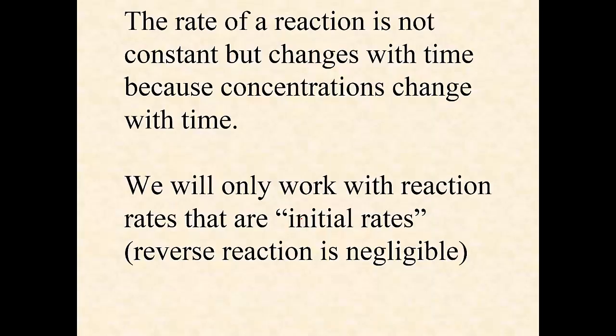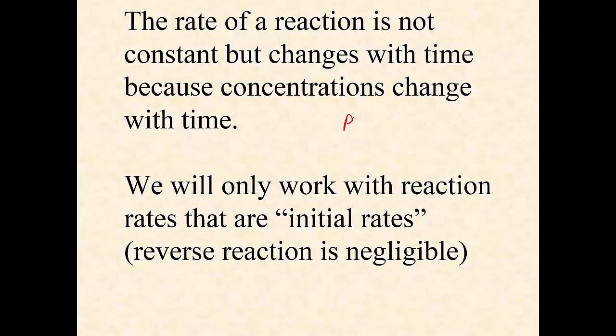So they change with time, but we always say we start with our initial conditions because it's too hard to try to take concentrations in the middle. Now, some of the ways we're going to measure changes in concentration.